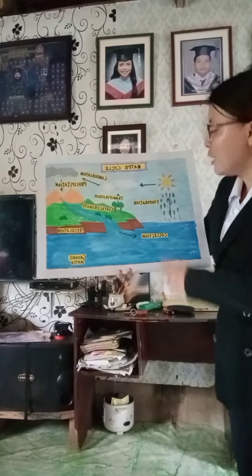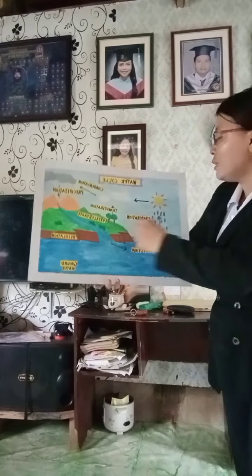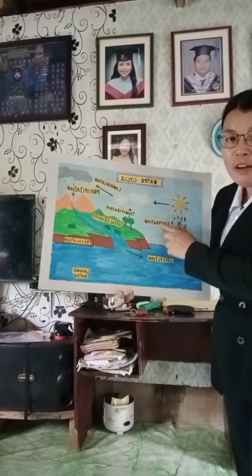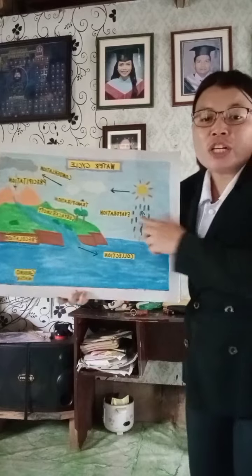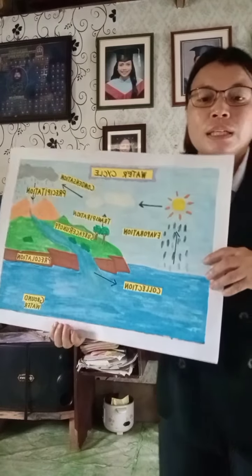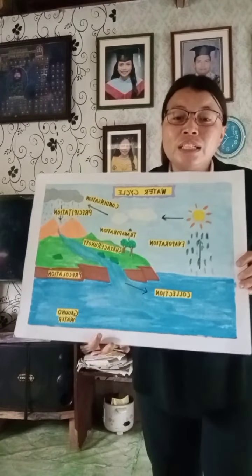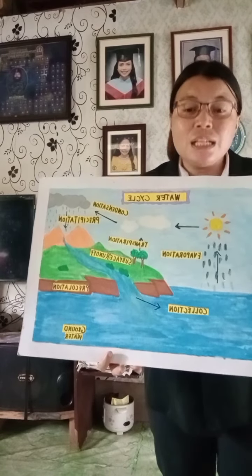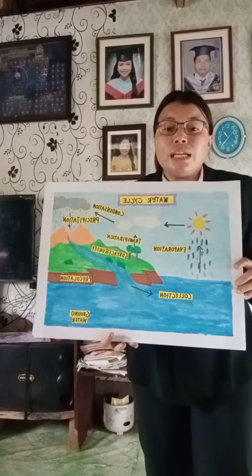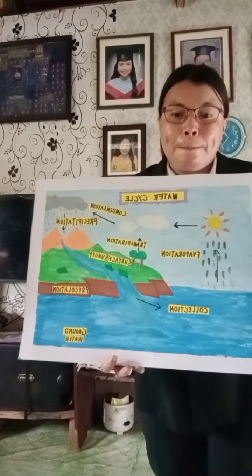So the next process, class, is evaporation. This is the evaporation, class. Evaporation is the process where water changes from its liquid state to a gaseous state.